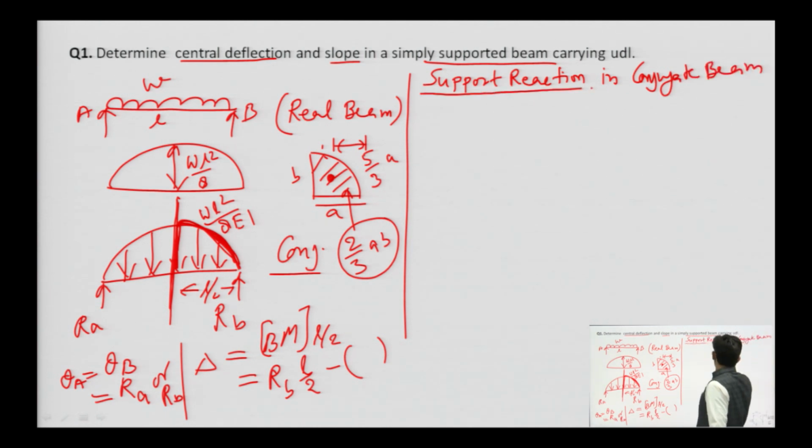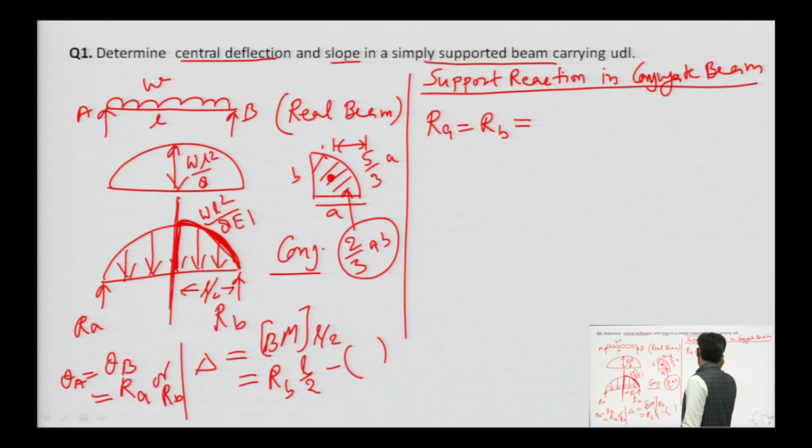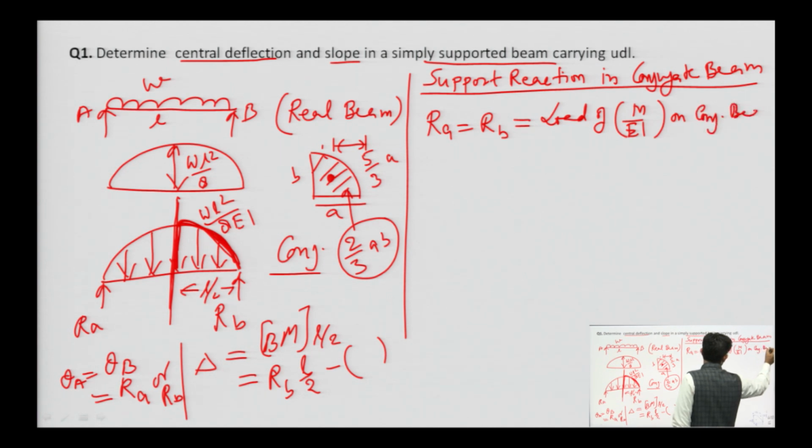That can be calculated very easily. R A equals R B is equal to the load of M by E I on the conjugate beam, due to symmetry, and it will be what?